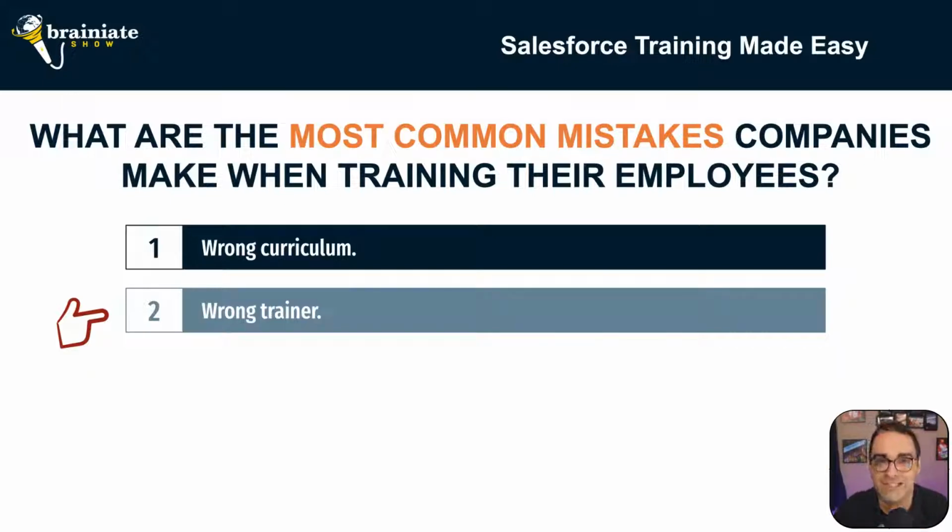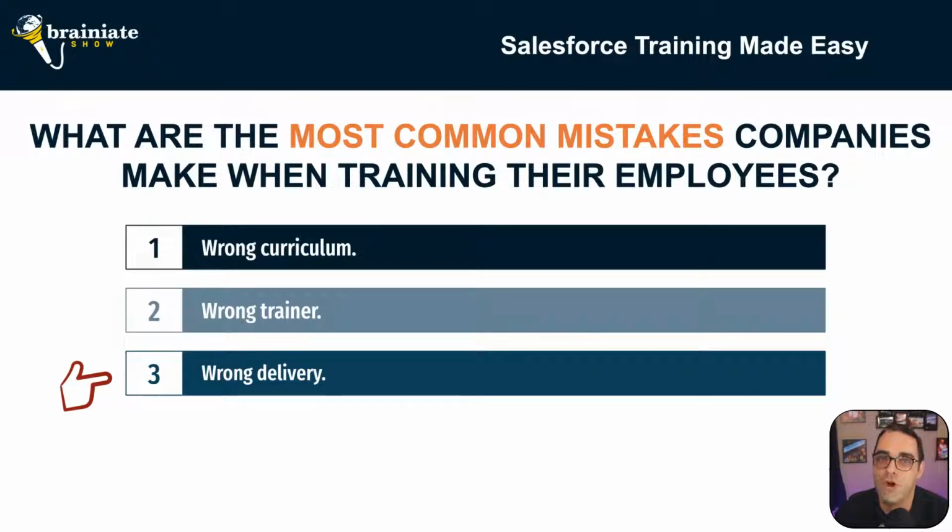Usually, that person has no training and no background in terms of education, being a trainer, being an educator. Usually that person has never put together a curriculum or delivered a curriculum in their lives before. Putting that person in the front of the room, asking them to do the training, is a recipe for disaster.